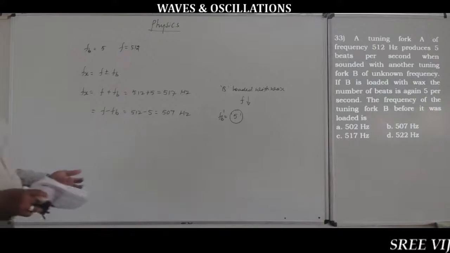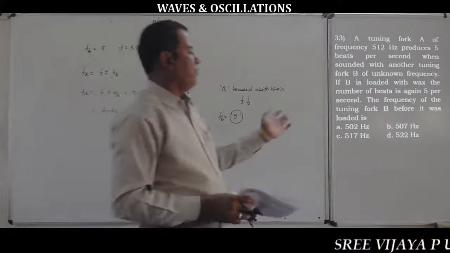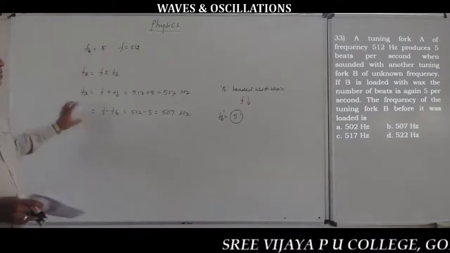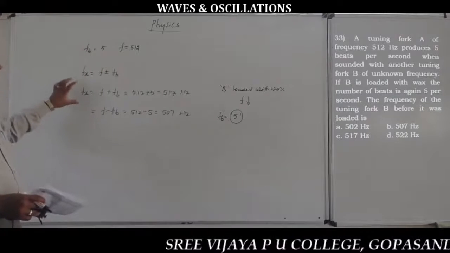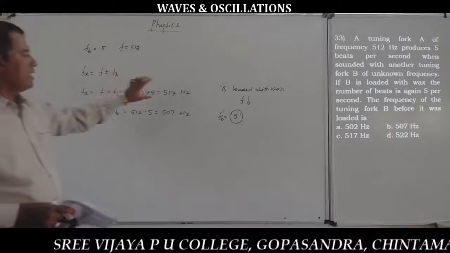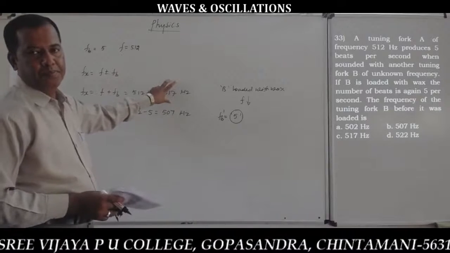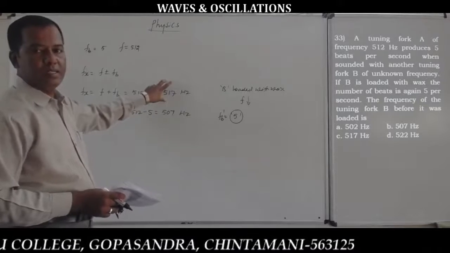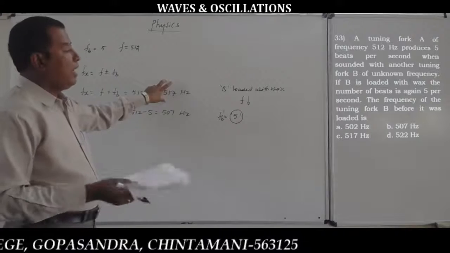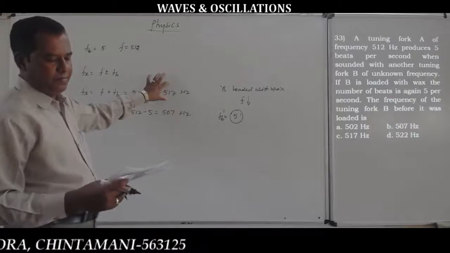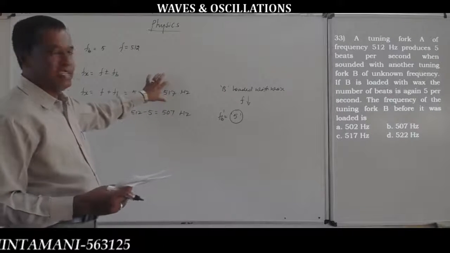So now we should find the frequency of the tuning fork B before it was loaded. Let us come back to this concept. Let us consider the unknown frequency Fx, 517 Hz before loading. After loading, its frequency decreases.